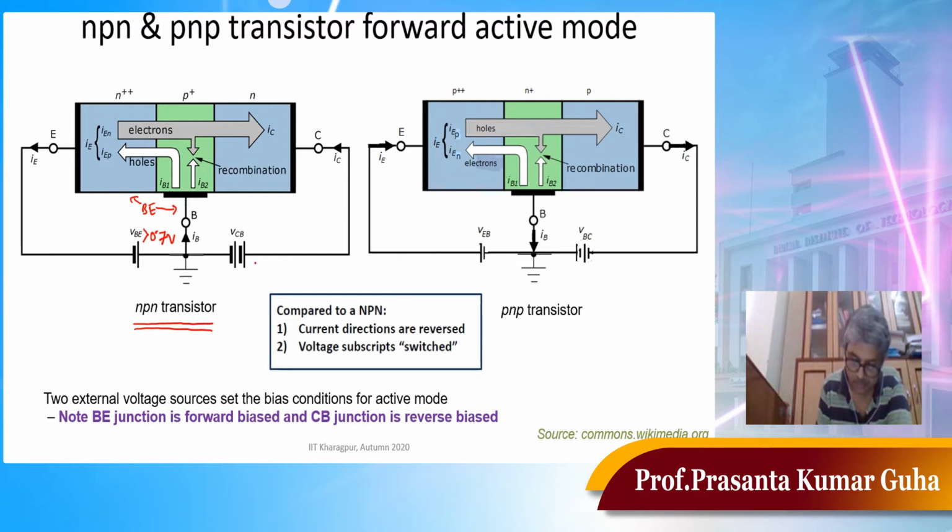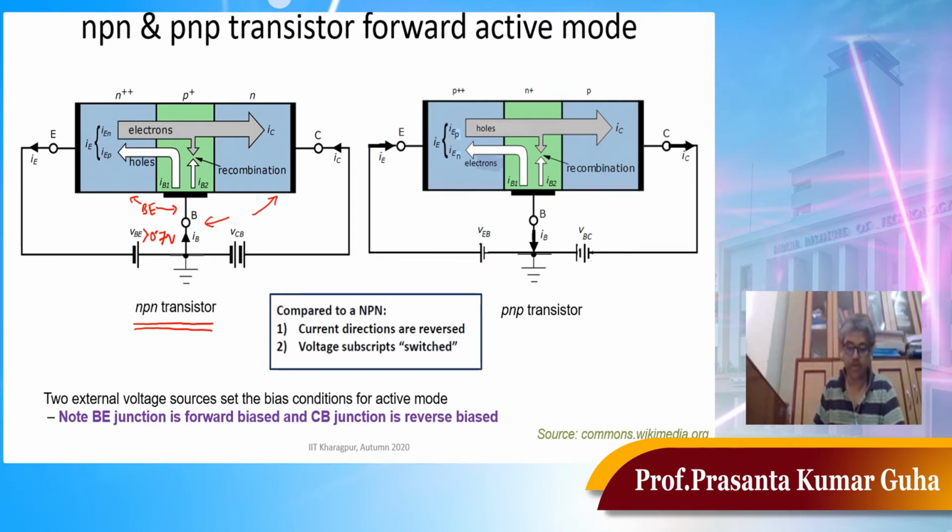What about the supply voltage polarity in the base collector junction? You see, the positive terminal of the supply voltage is connected to the collector, and the negative terminal is connected to the base. What it means is this base collector junction is reverse biased, right? Because positive is connected to the collector and negative is connected to the p-type base.